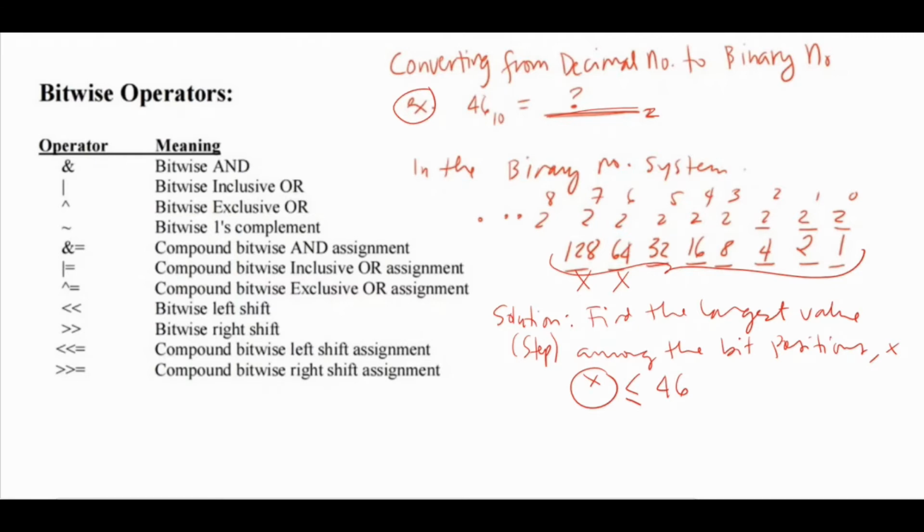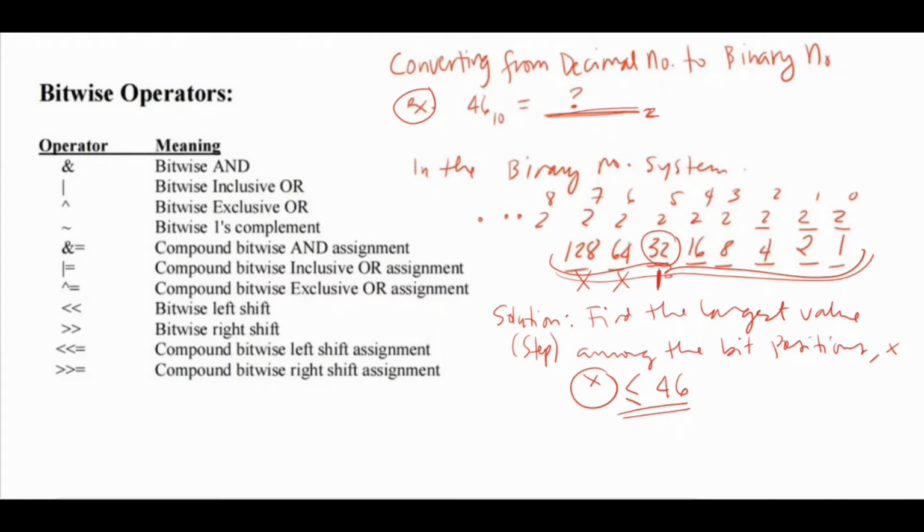It is 32, right? So 32 is the largest value among these which is less than or equal to 46. So we set that to 1.